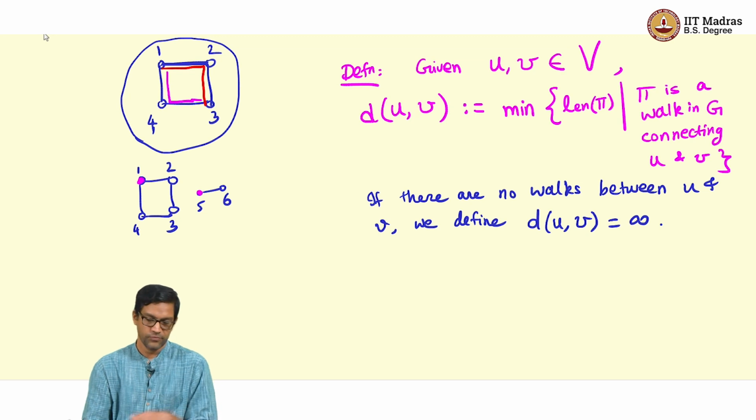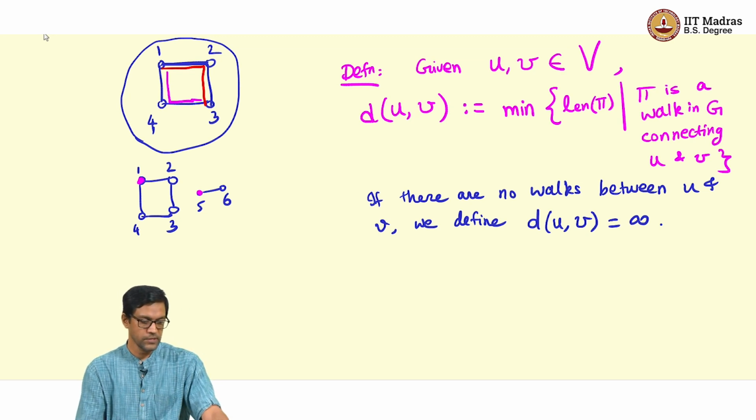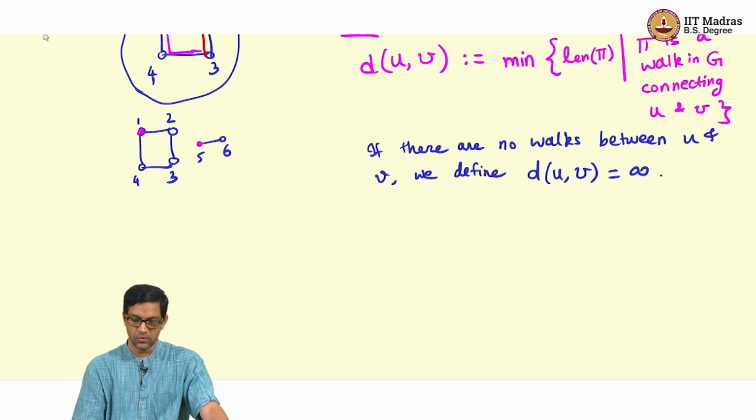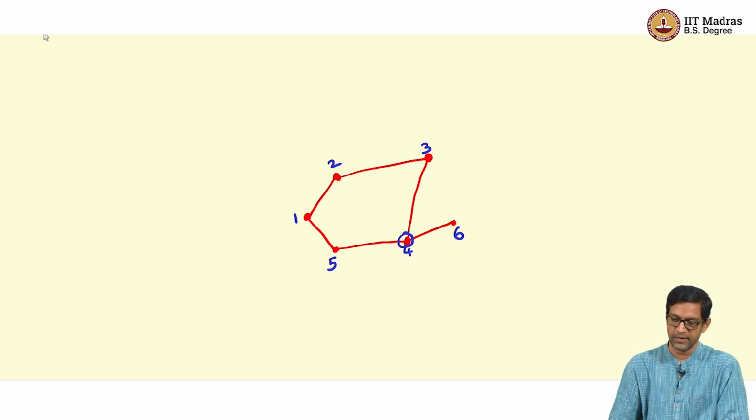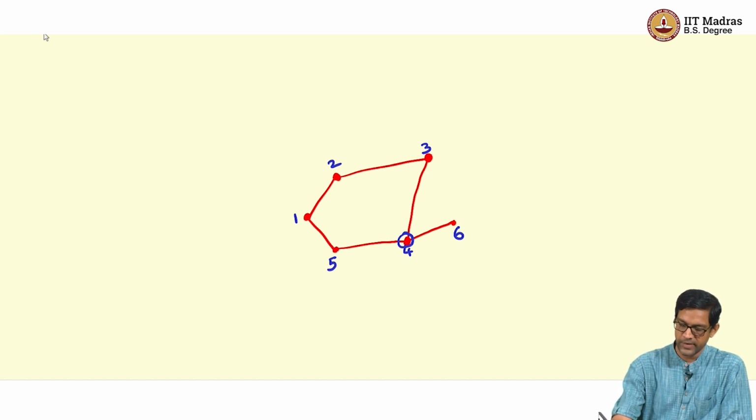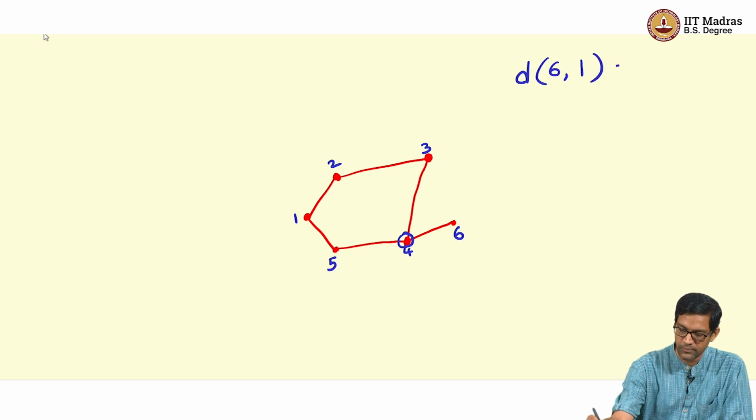Okay. So, if you think back on the example of trains that we had given earlier, let us go back here. Suppose this is my graph and I want to go from 6 to 1. What is the distance from 6 to 1?